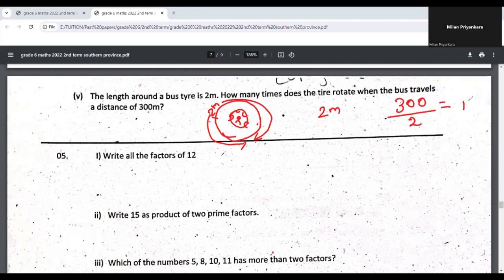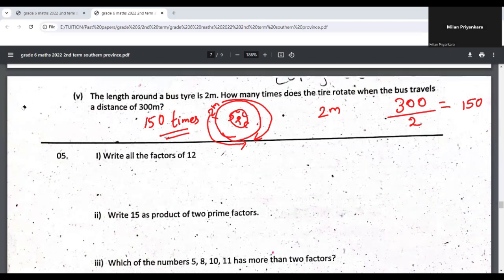Then you get 150. So for this bus to move 300 meters, the tire has to rotate 150 times, right? So 150 times it has to rotate in order to travel 300 meters.